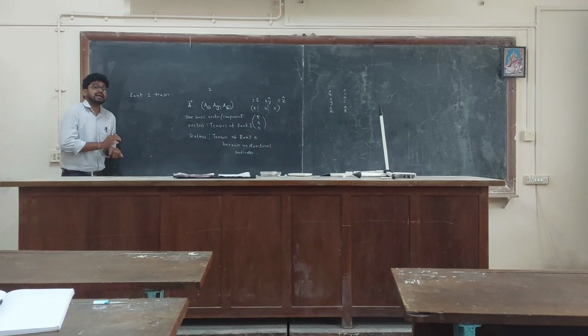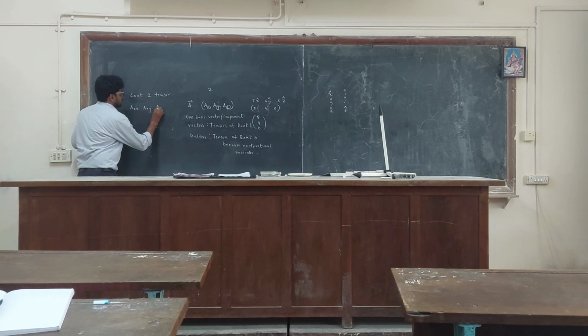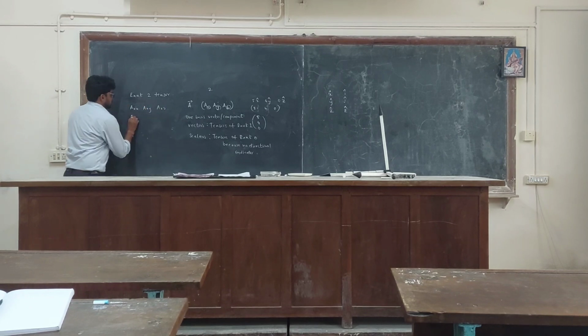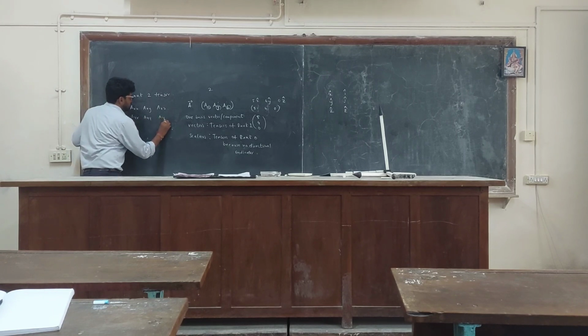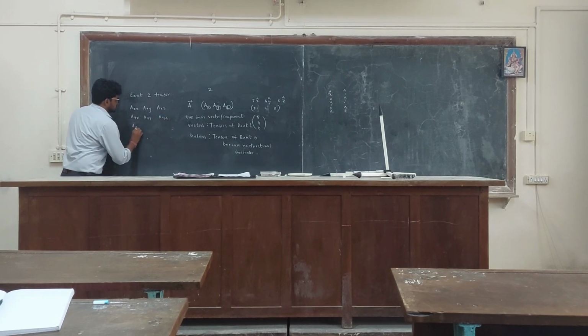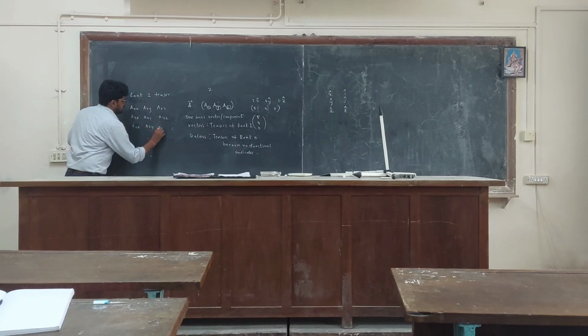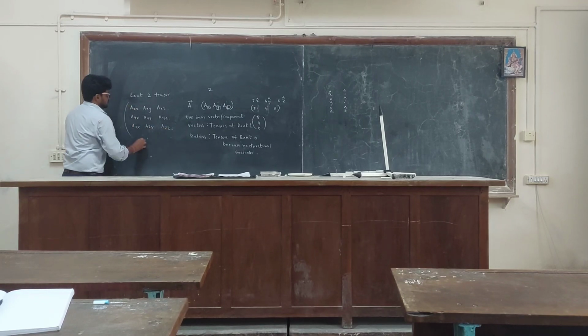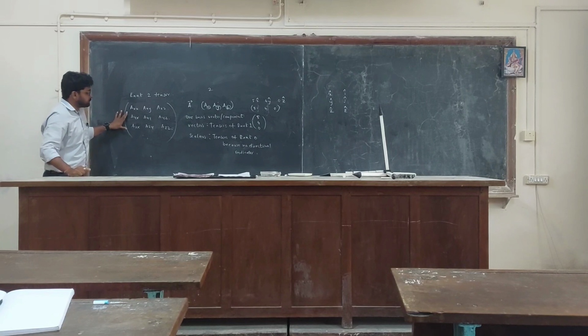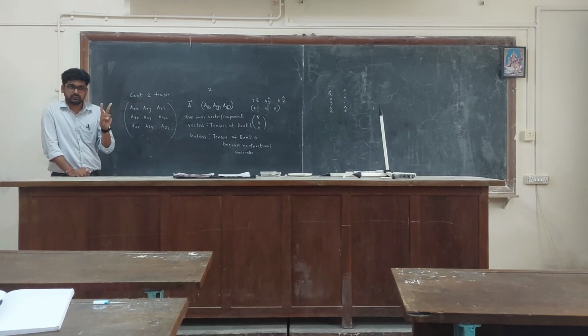We would need 9 components to represent it. Suppose Axx, Axy, Axz, Ayx, Ayy, Ayz, Azx, Azy, Azz. So this is an example of a rank 2 tensor.